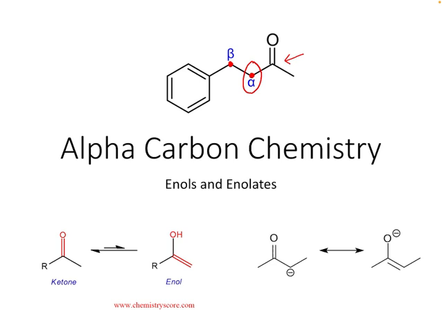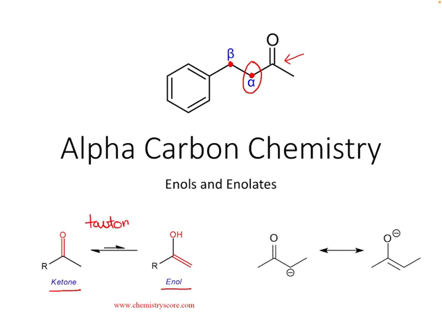We're also specifically going to talk about enols and enolates in this chapter. Down below, remember that ketones can tautomerize into enols. So the ketone and the enol here are tautomers.